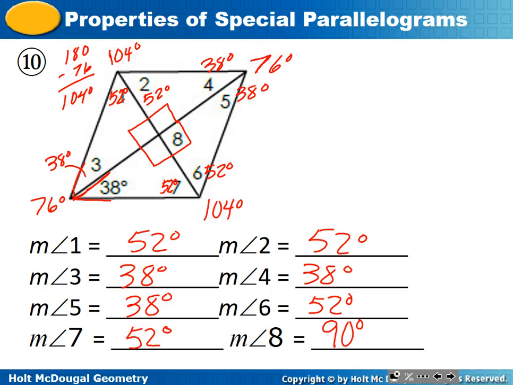So remember, all the angles in the center of a rhombus are right angles, which means they're all 90 degrees, and all the angles at the vertices are being bisected by the diagonals.